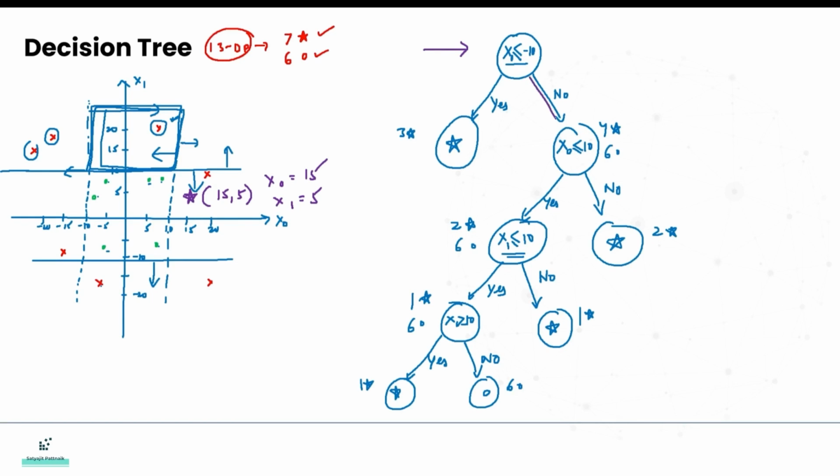No. So it goes here. Does this satisfy? Yes. X0 is less than equals to 10? No. Right? X0 is greater than. So this satisfied and we predict it as star. So this point is predicted as star based on this decision tree classifier. And this is my decision tree.